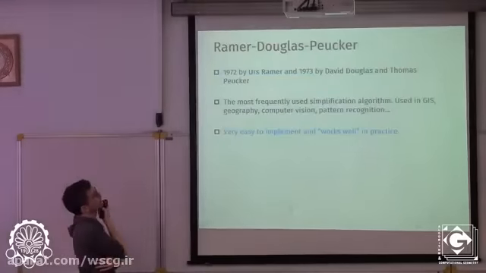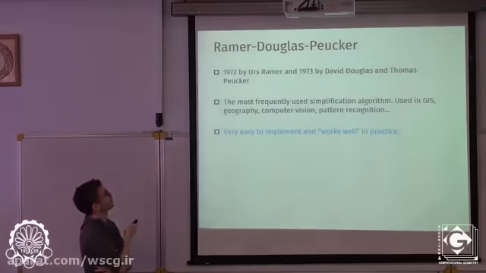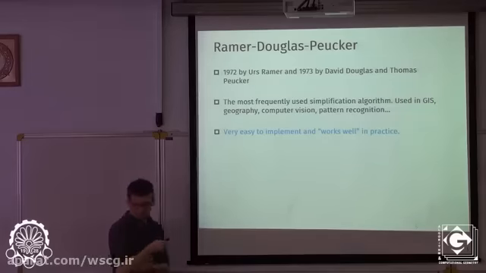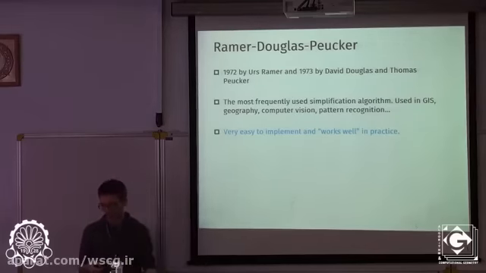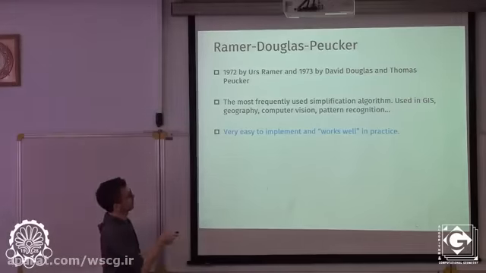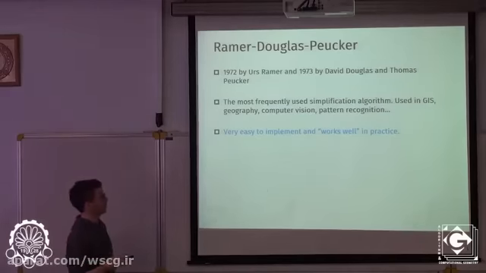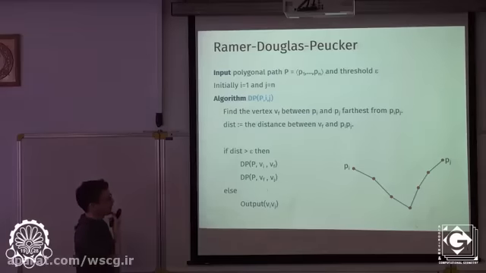Let's start with the Douglas-Peucker algorithm. This is very frequently used in GIS. Its advantage is that it's very simple to implement, and at least the claim is that it works well in practice. So it seems that people are at least happy with what they get with this algorithm. The idea is very simple.